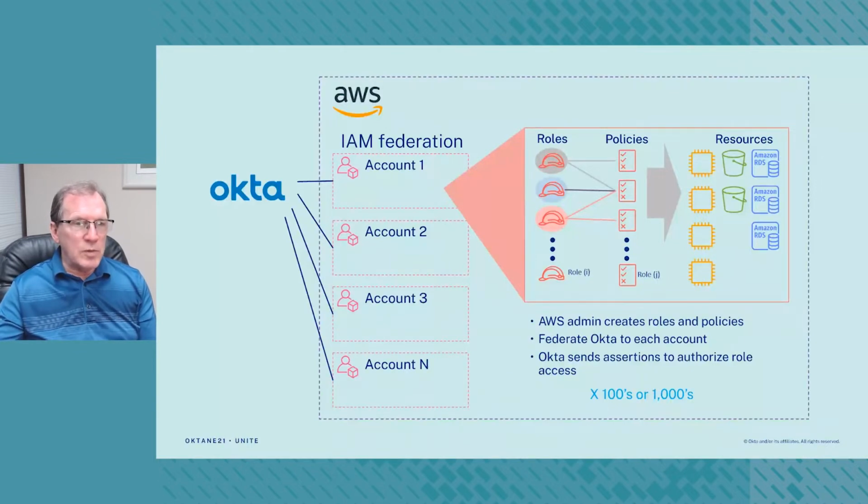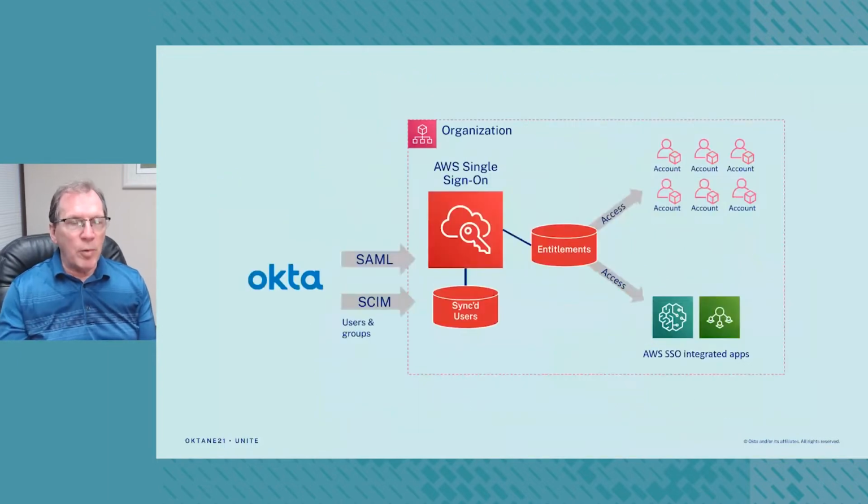So we created a new model that allows people to connect their Okta identities to a single point in AWS, and then Okta synchronizes the users into AWS. This enables the administrators to then assign access to AWS accounts and through SSO from a central point of control, and that eliminates the need to pass those assertions into AWS.